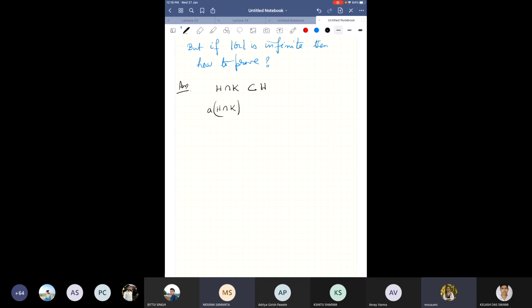The distinct left cosets of H intersection K are in bijective correspondence with what? H intersection K. That means the cardinality of a left coset is the same as the cardinality of the subgroup. That is true, I applied this.